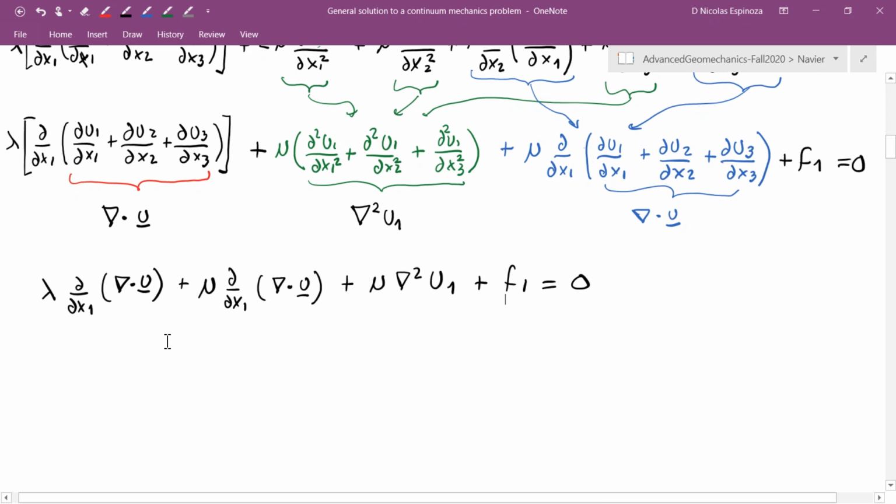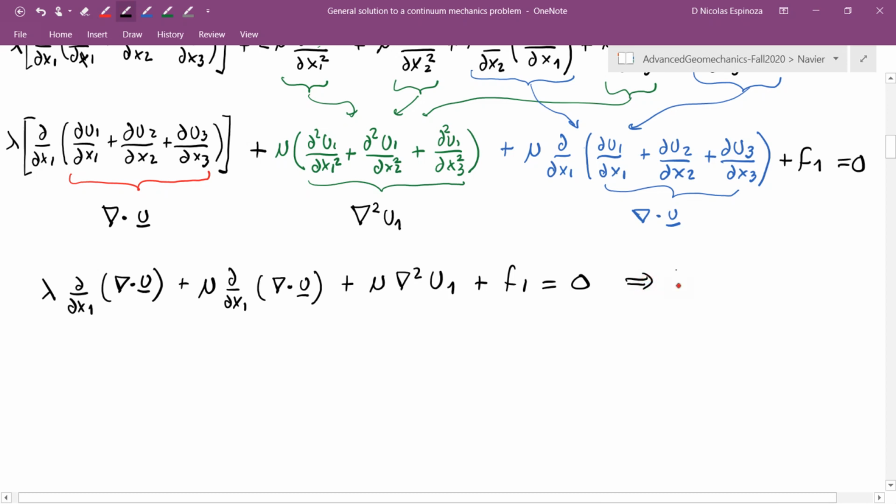Now I can have as a common factor this derivative with respect to direction 1 of the divergence of the displacement vector. Okay, so we have been able to compact quite a bit this notation, but remember that this is valid just for coordinate number 1.